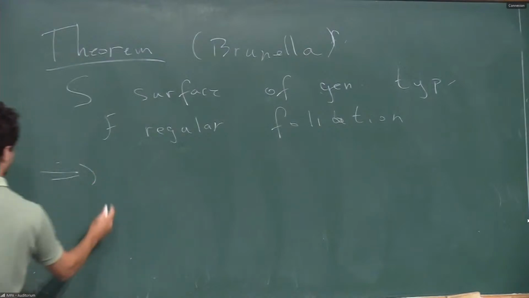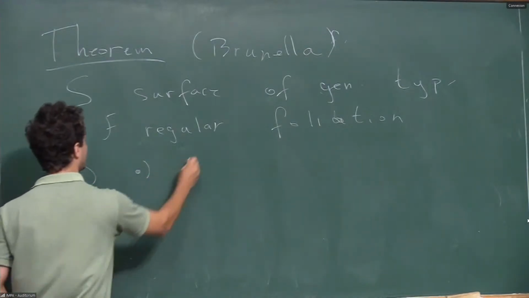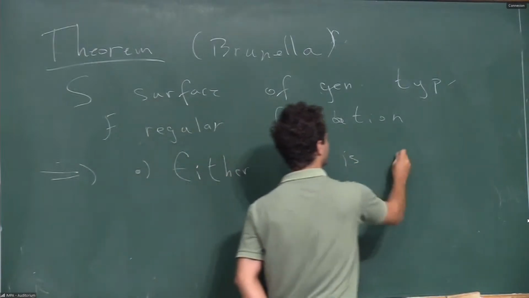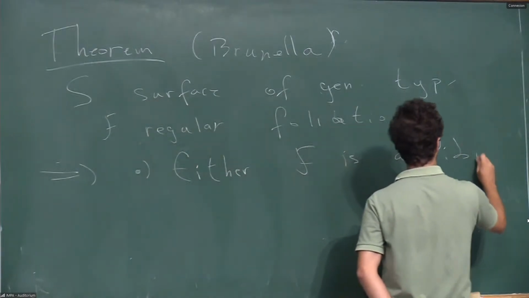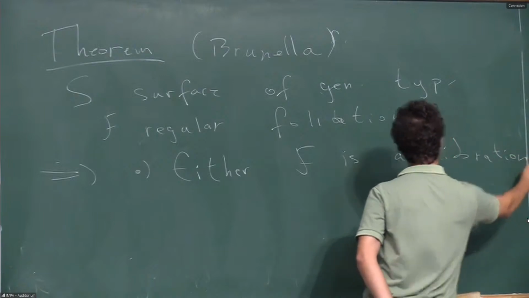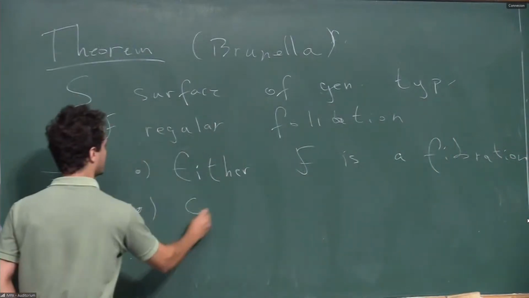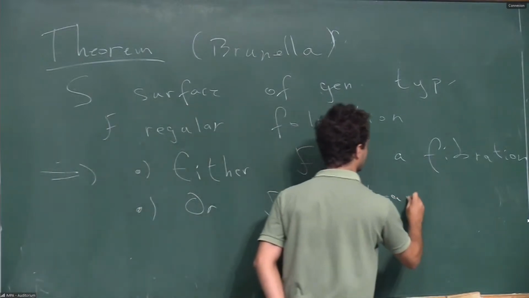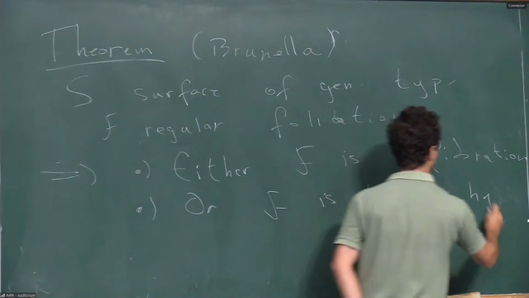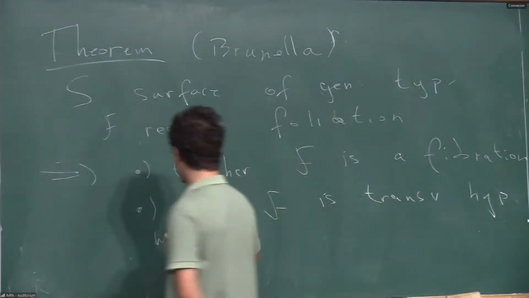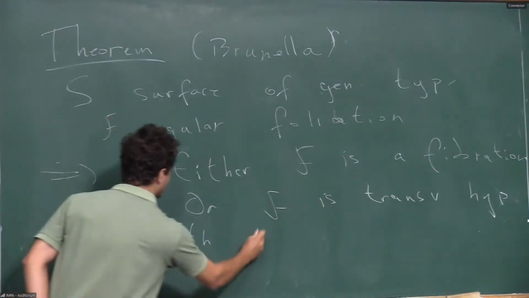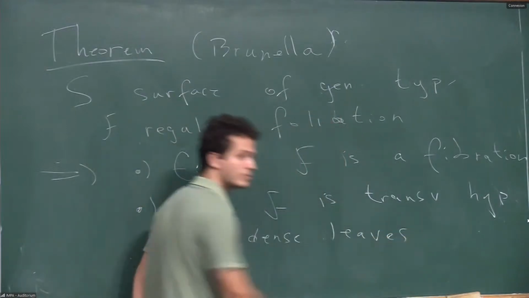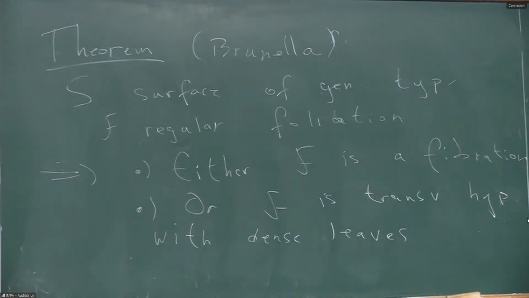then either F is a fibration or F is transversely hyperbolic with dense leaves. Okay, is the statement clear?